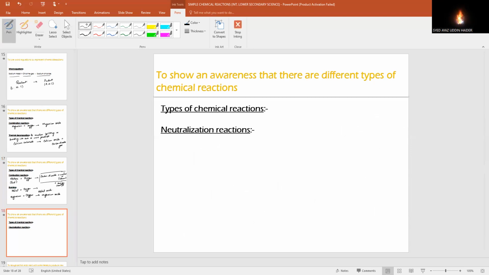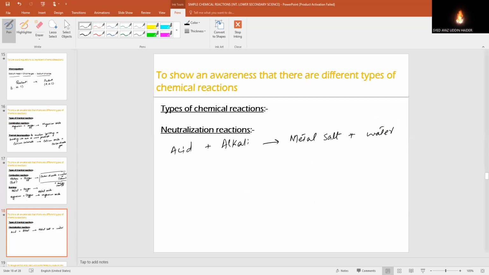Neutralization reaction. These reactions involve the reaction between acid and alkali. What will you get? You will get metal salt plus water.